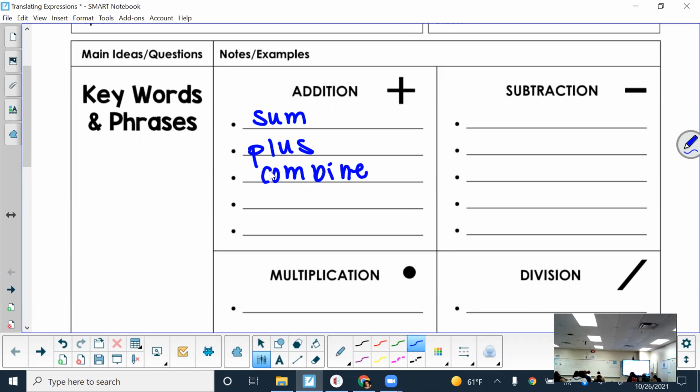Also total. I would argue that total can also be an equal sign, but usually on the other side of that equal sign is you adding them together. Like we're buying tickets and it's a total of $15. So you add the price of the tickets together. Any other ones?